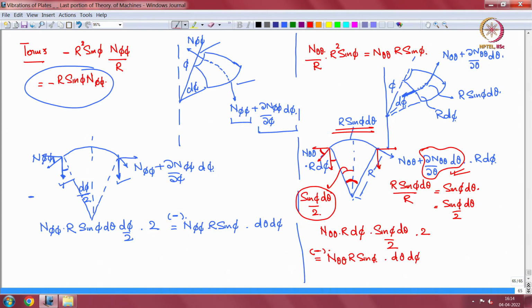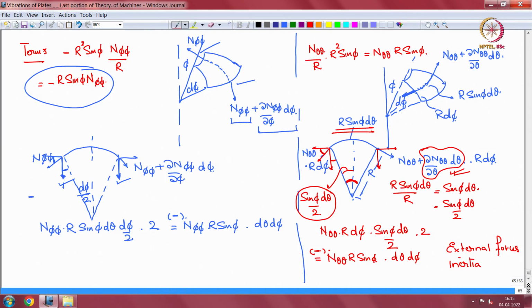Okay, so that settles the third equation of motion. What are left are the external forces and the inertial term.